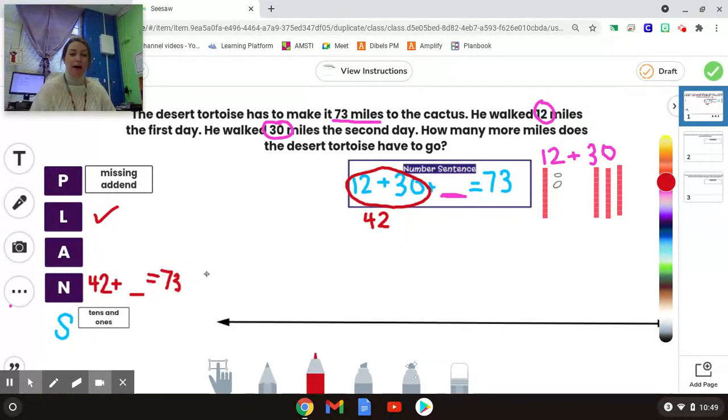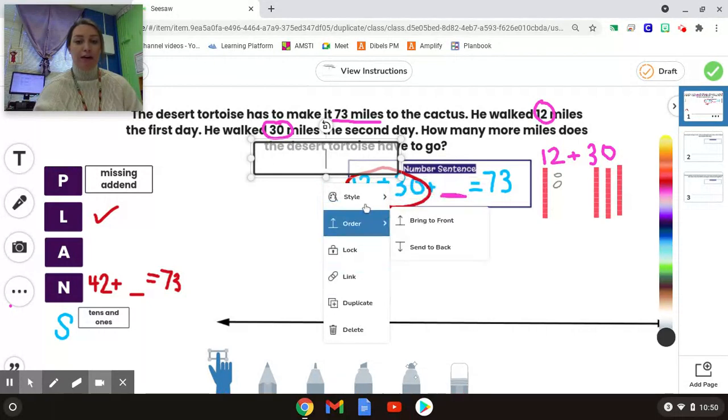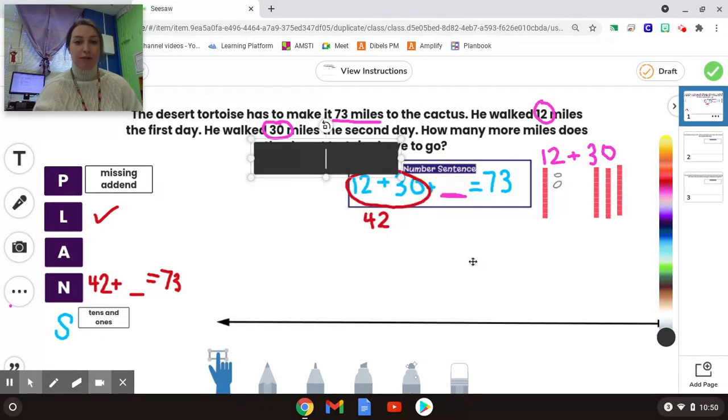Now I need to think about how can I solve 42 plus something equals 73. Well, the best thing I know how to do would be to think about my number sentences and make a fact family. So I'll make a fact family right here, and then we'll move it out of the way when we find the number sentence that we want, okay?